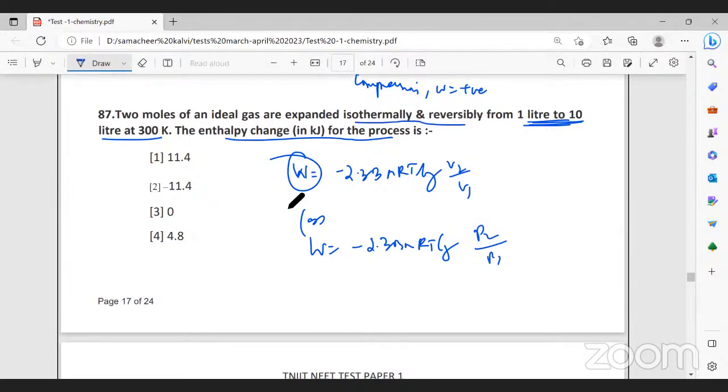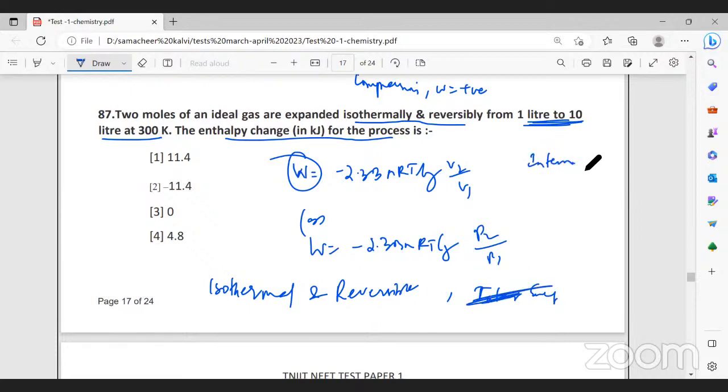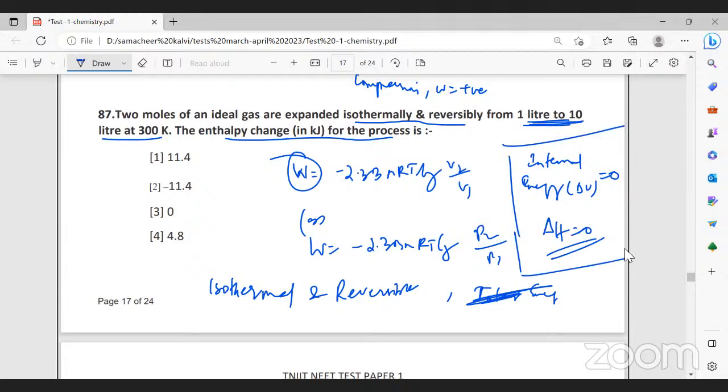You should remember, for an isothermal, iso means same, thermal stands for heat, temperature, and reversible process, the change in internal energy, delta U or delta E, is 0. Likewise, delta H is also 0. Change in enthalpy for an isothermal process is 0.